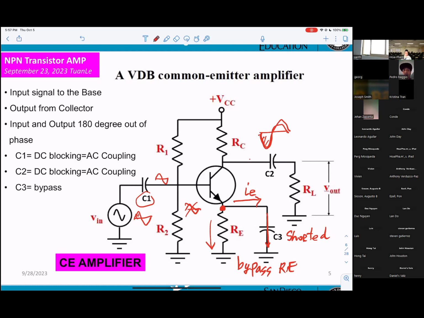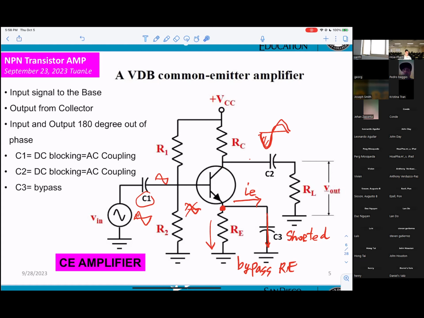Input applied to the base. Input here applied to the base. Output from the collector. Okay, that will be a CE amplifier.